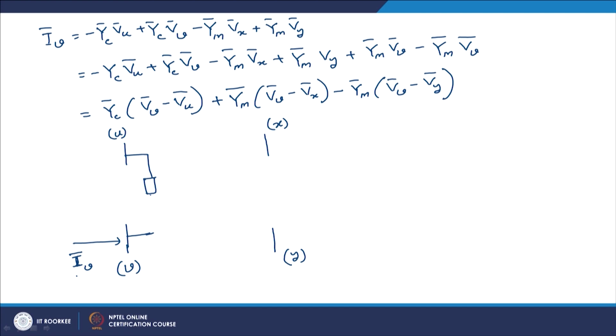Then Ym into Vv minus Vx. So let us see that there is a Ym, Ym into Vv minus Vx, minus Ym into Vv minus Vy. So, this is minus Ym.